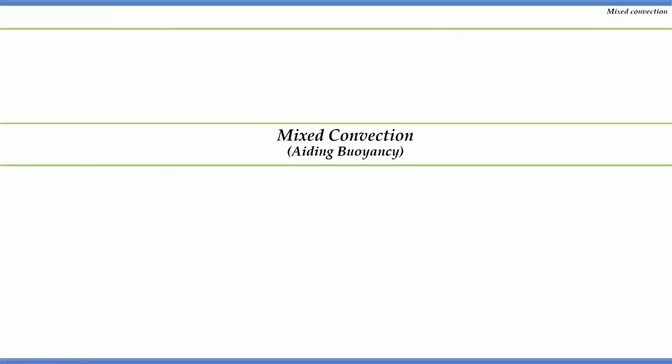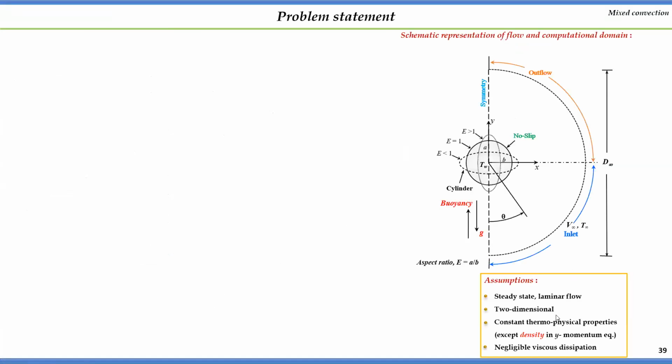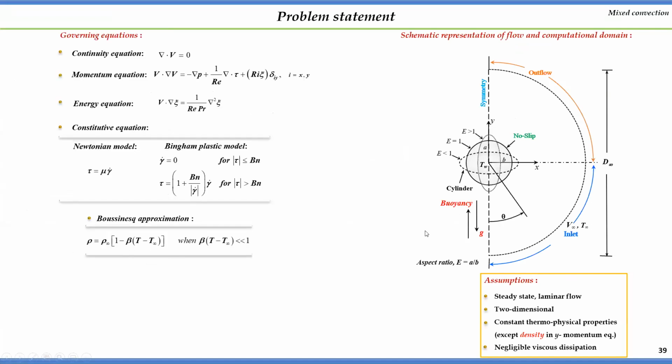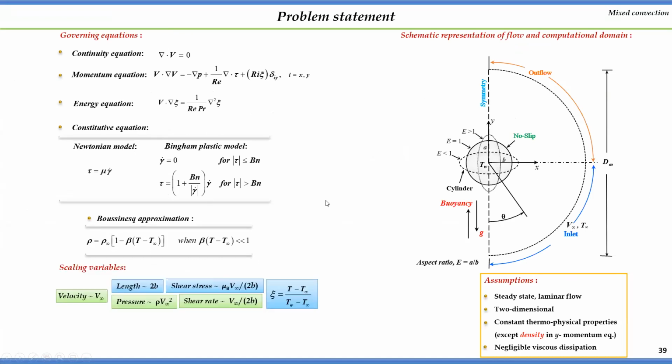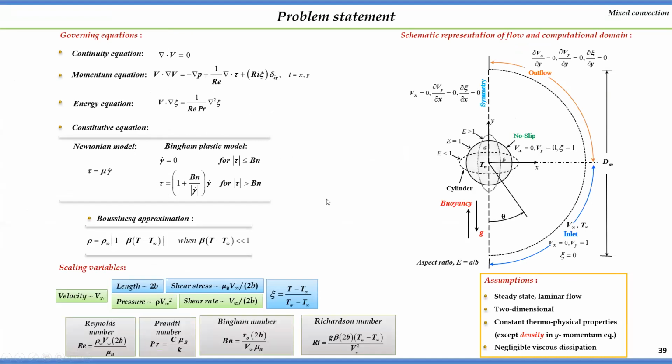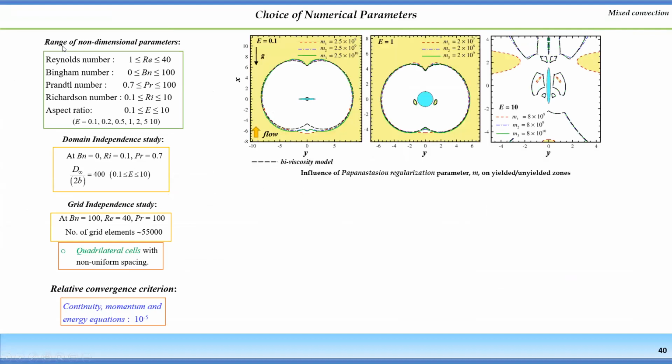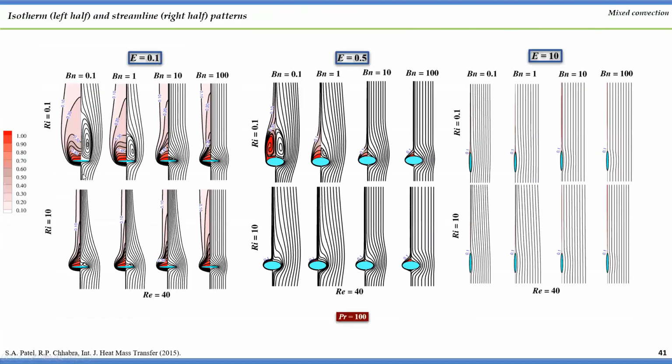Now coming to the mixed convection quickly. In mixed convection, we have flow as well as natural convection happening because of the temperature difference. So we club both phenomena together for the mixed convection, and we are able to see the results very quickly after looking at this choice of parameters. You can see that here your flow patterns are very similar to forced convection, correct?